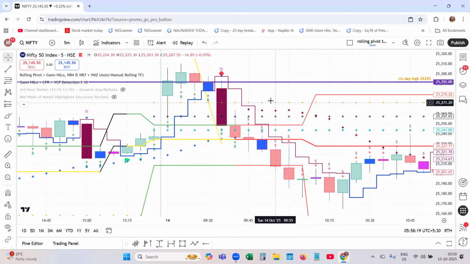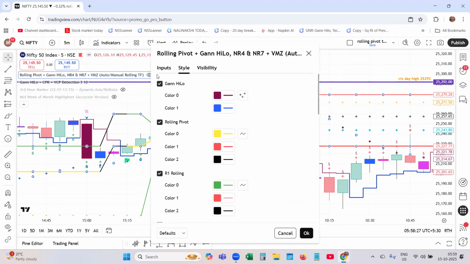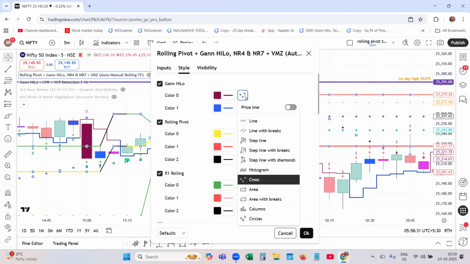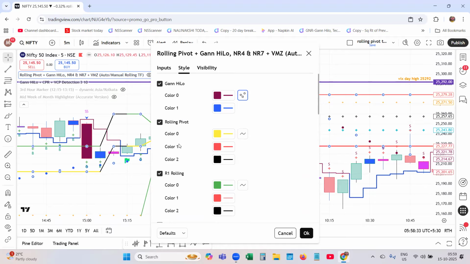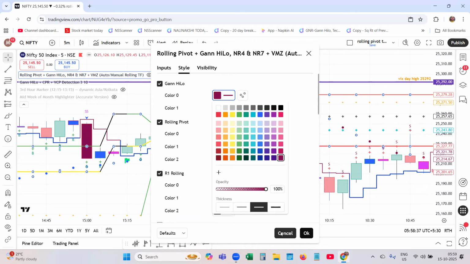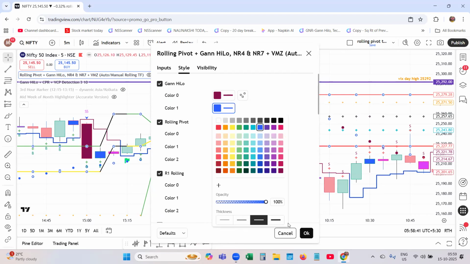Can you see? This is the Gann HiLo. Let me make it a dot. And let us make it still bigger to have a very good differentiation.